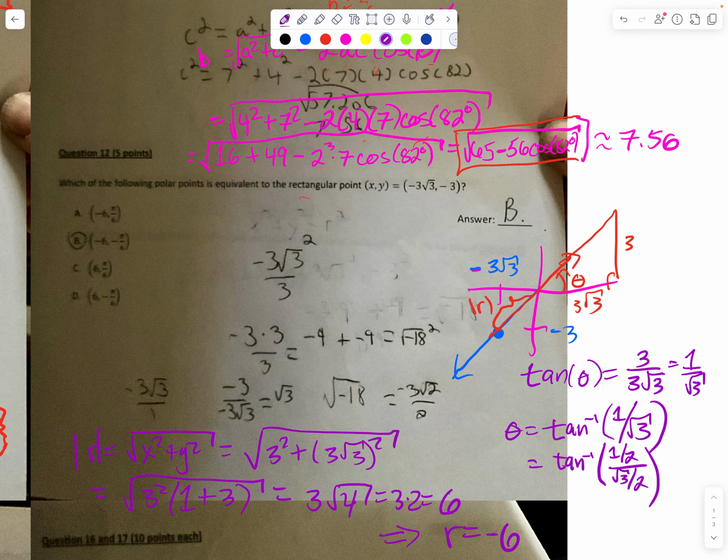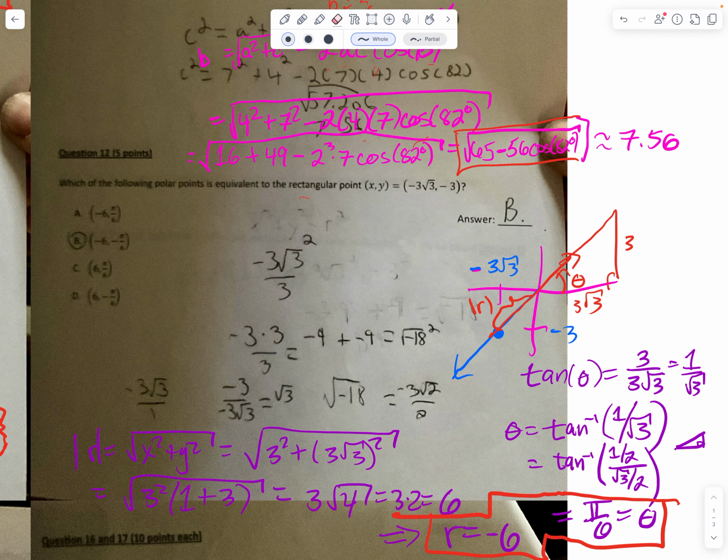That looks familiar. Opposite is a half, adjacent is root 3 over 2. So it's pi over 6, right? Yeah. There, that's better. There's our angle. I don't like that there, it looks confusing. Hey, so there you go.